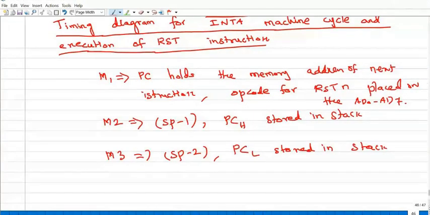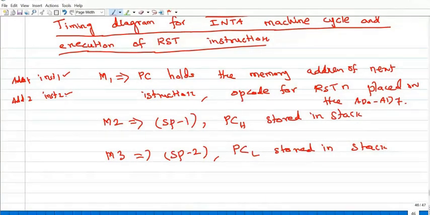During normal operation, say address 1, instruction 1, address 2, instruction 2, during the execution of each and every instruction, the microprocessor checks the INTR line.